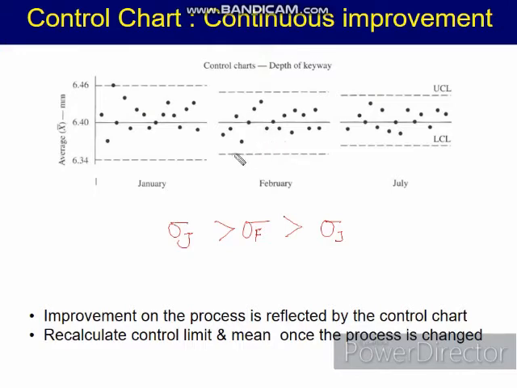Reductions in variability come along with reductions in standard deviation, and you can visually look at it on the control chart by narrowing the gap between the upper control limit and lower control limit. This improvement will help in terms of the process capability when you compare your process against the customer requirement.